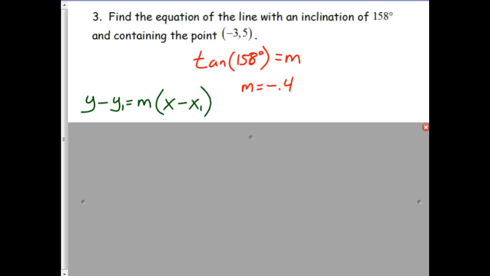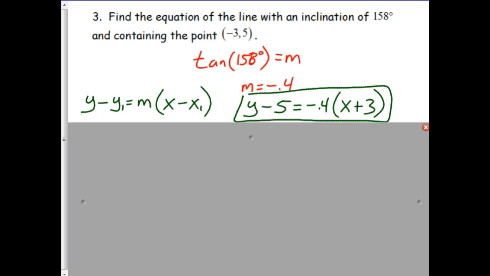So let's just kind of fill in the blanks. y minus, I'm going to get my y value out of my point, so 5 equals, I have my m, negative 0.4 times x, and then I'm going to get my x value out of there, which is a negative 3, so it's going to be a plus 3. And then that's my answer. You do not have to actually solve it all the way out for slope-intercept form. You just leave it just like that.